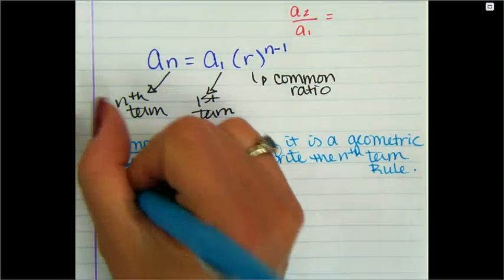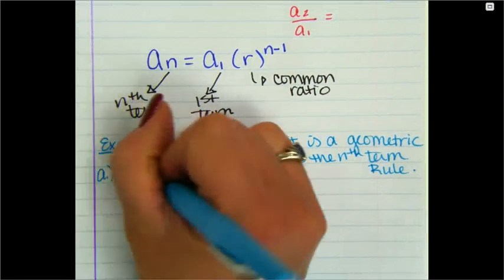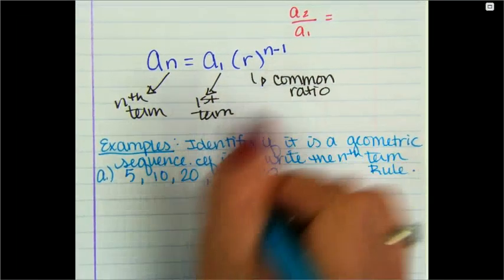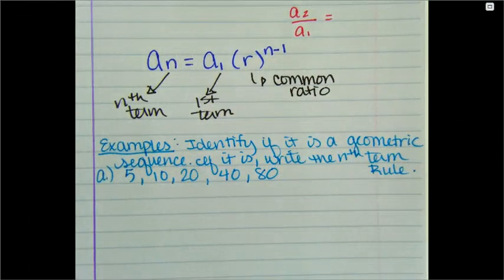I'm going to write the sequence for whoever's ready. It's 5, 10, 20, 40, and 80. We may have done this one the other day. Good? 5, 10, 20, 40, 80. What's the first thing you're going to do? Identify it's geometric. How do you know if it's geometric?